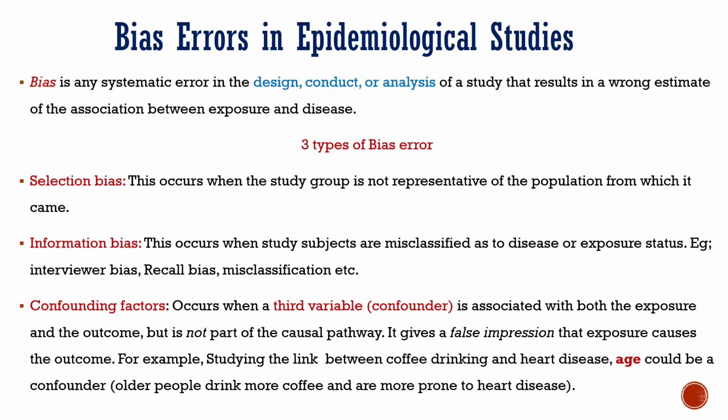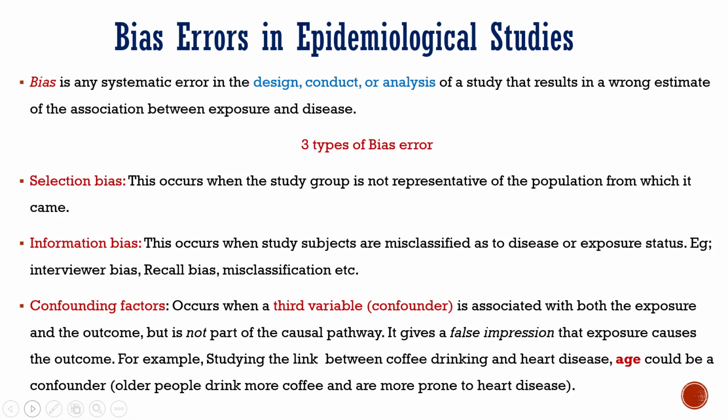If you don't take them into consideration, it could be a bias. When you are studying coffee drinking and heart disease and you don't consider age, the older someone gets, the higher the probability they will have heart disease, and older people drink more coffee. So these are confounding factors that can also cause bias errors in an epidemiological study.